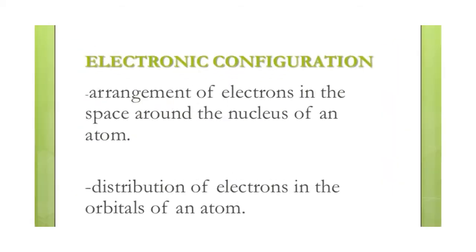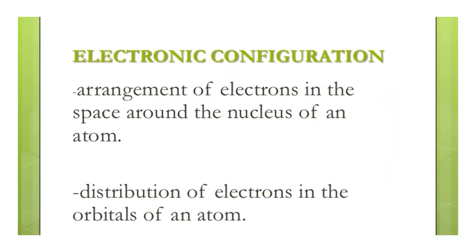For this, we have to learn some rules. So rule number one, what is meant by electronic configuration? Configuration means what is there inside, for example, computer configuration, CPU configuration. So what is there inside the atom is called the configuration of that atom.